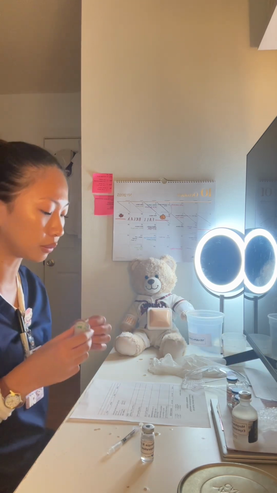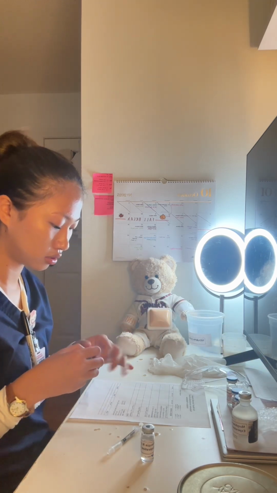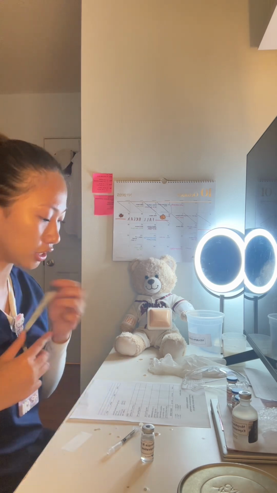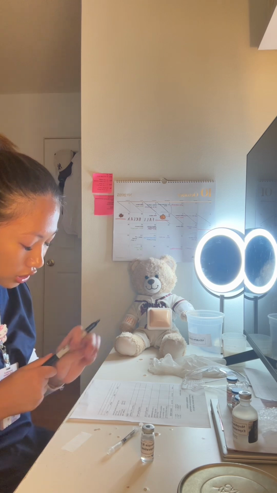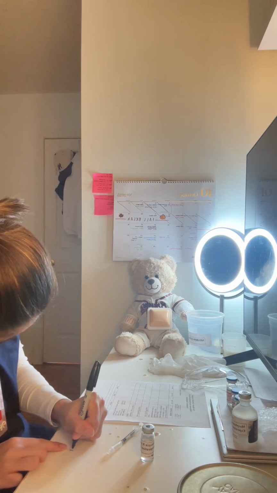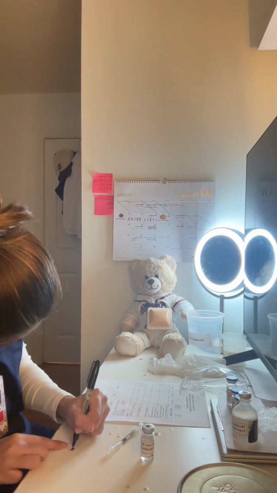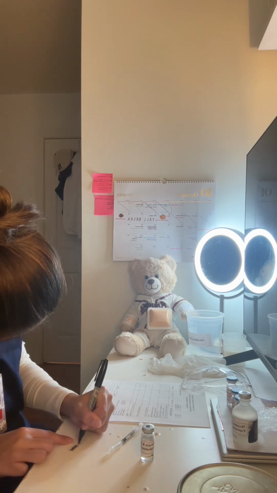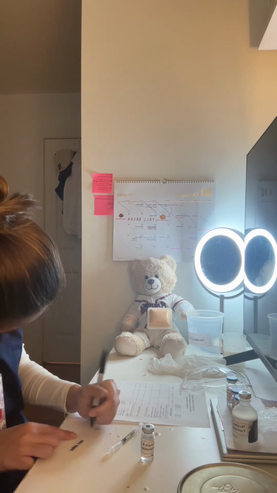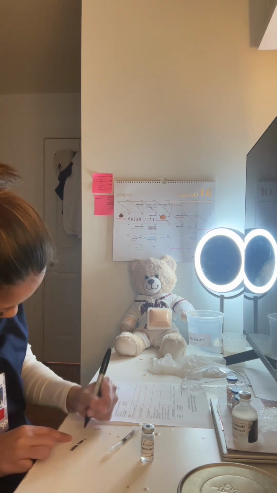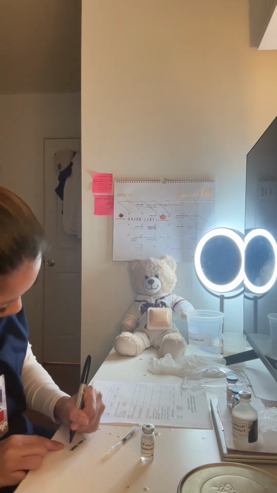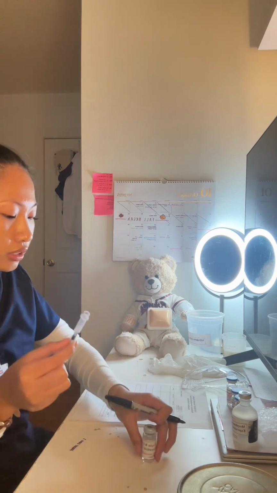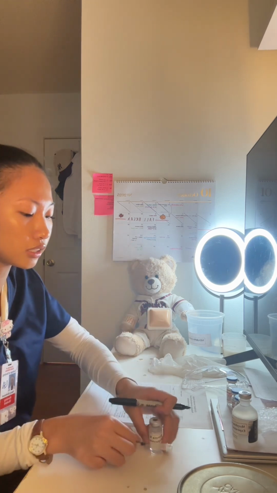I'm gonna go ahead and create a label for my syringe. And on the label, I'll be writing the patient's name. So this medication is for Jaguar J. Jones. And it is Novolin R insulin. So I'm gonna go ahead and see, yep, I do have Novolin R insulin in this syringe.